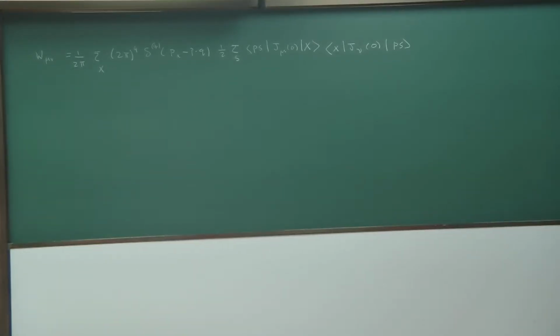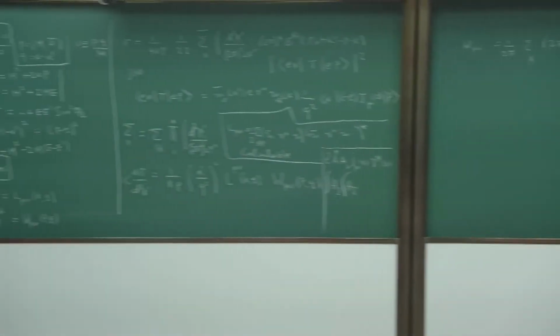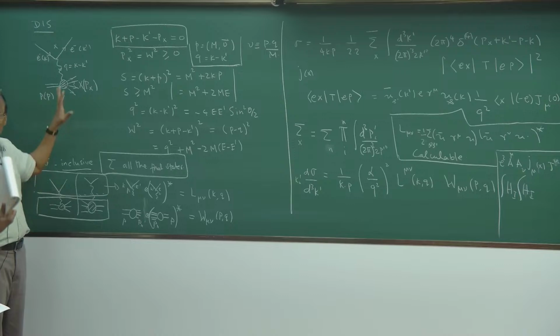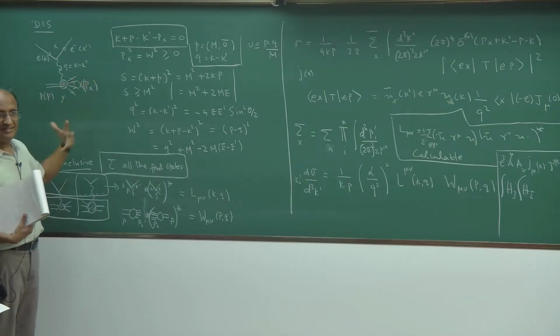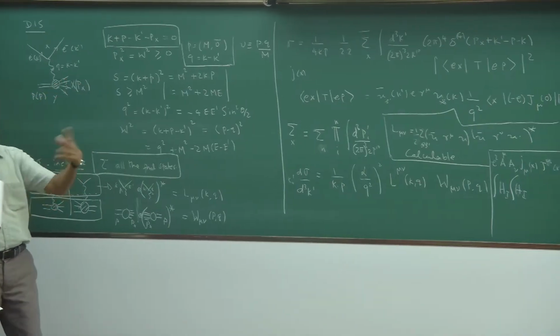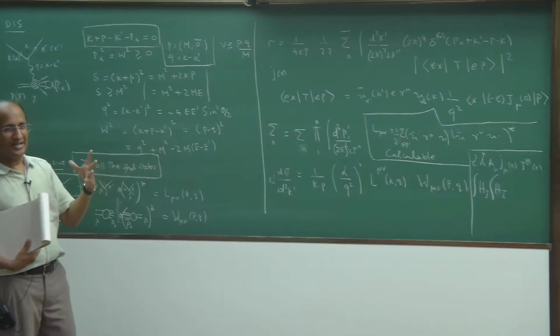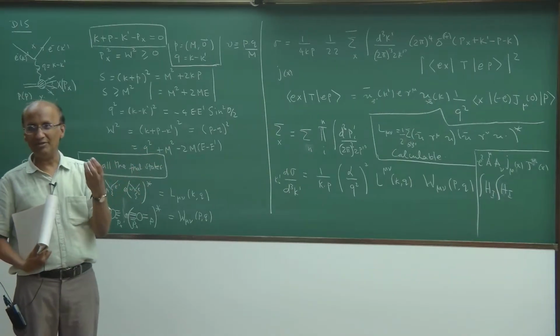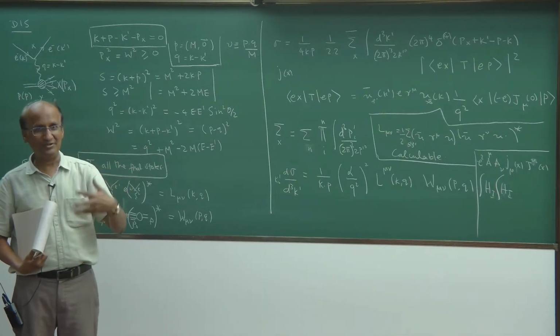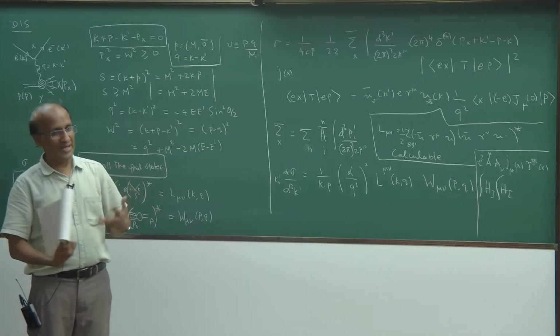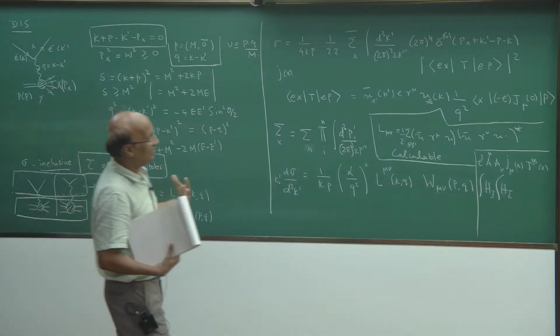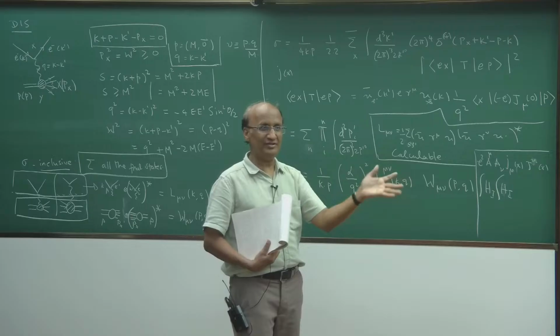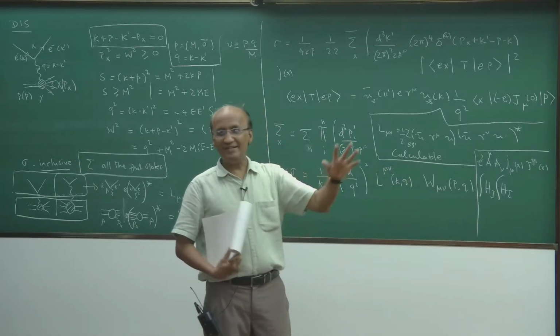My next task is to see how I can get rid of this x, because I want a W mu which is independent of what final state I produce. If I have some px hanging around, then I should know the complete information about what particles I produced. You collide an electron and proton, you produce all kinds of stuff. I want to sum them up. Experimentally it's easy to do.